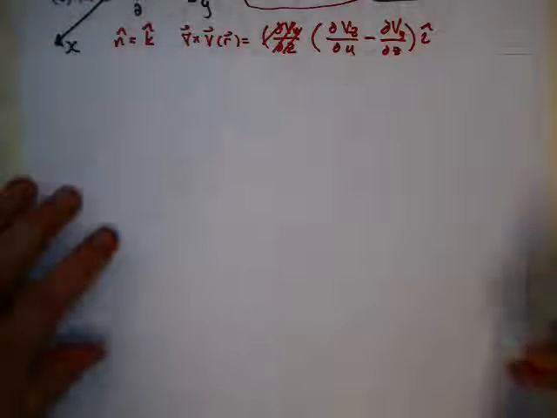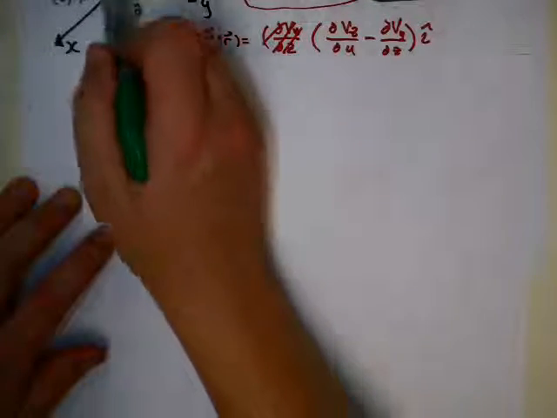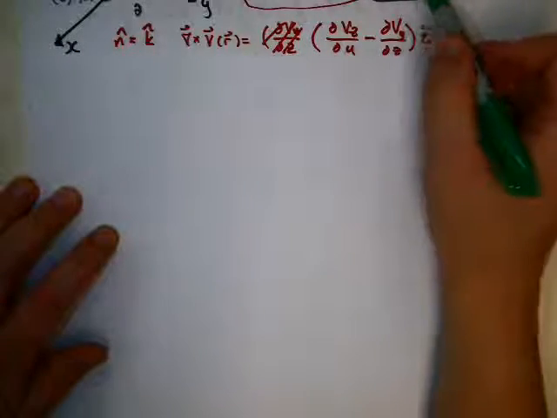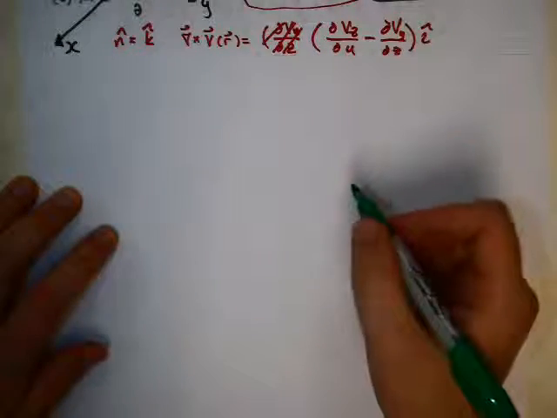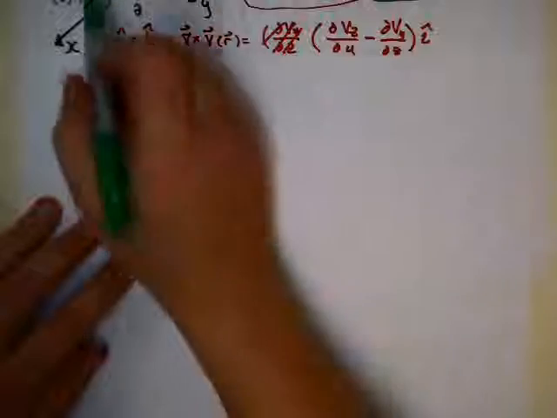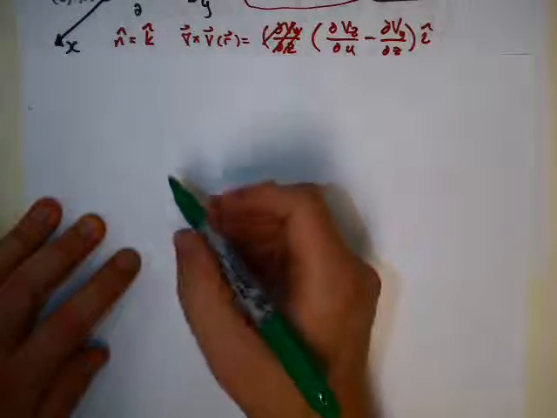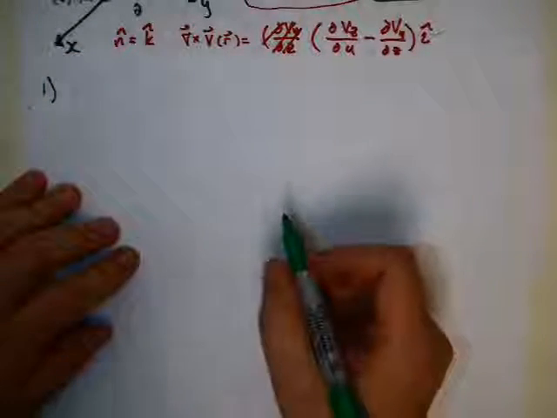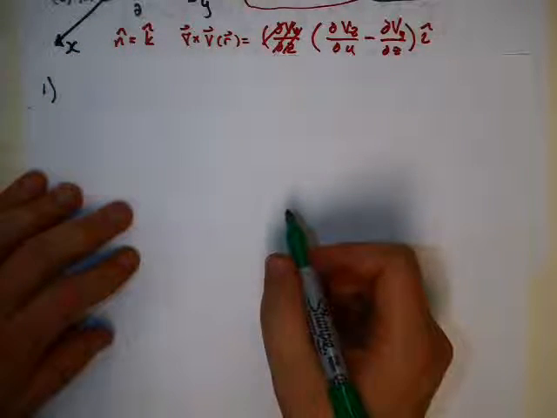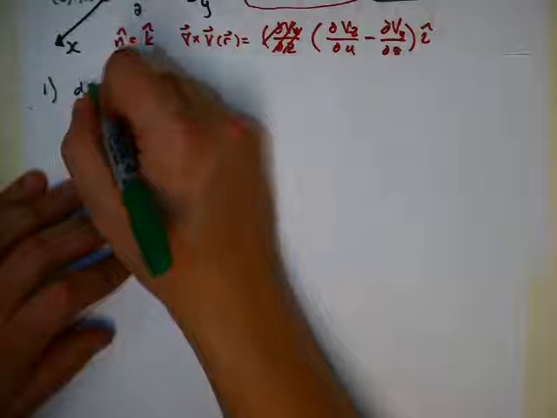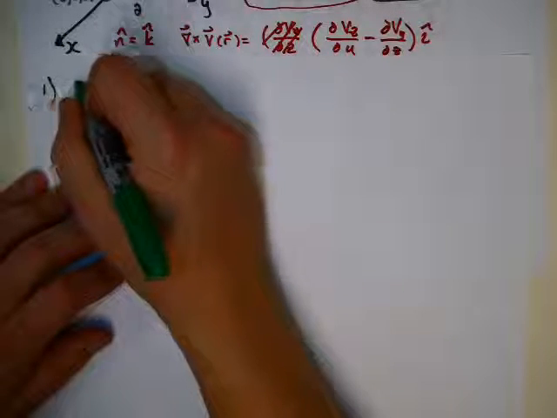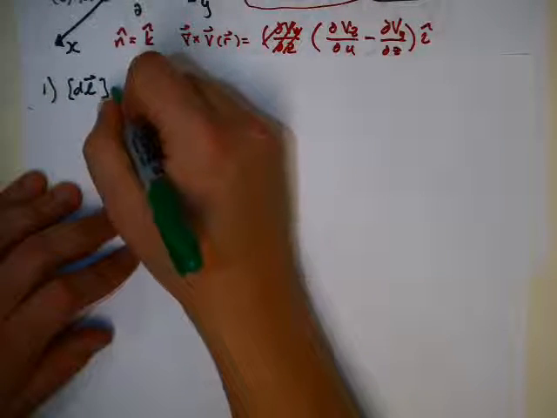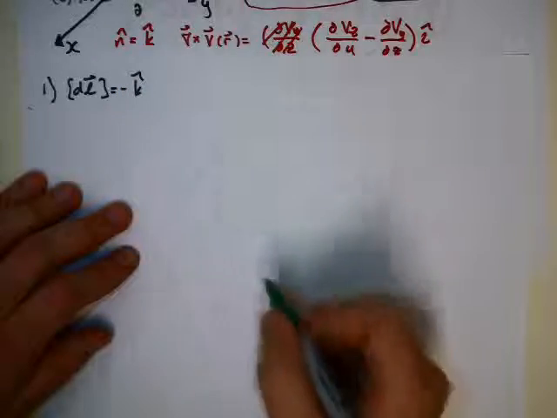To evaluate the line integral around the edge of dl dot f for our system, we're going to break this into 3 parts. I've labeled them 1, 2, and 3 here. For part 1, we are going to find that dl, the direction of dl at least, is in the minus k hat direction.